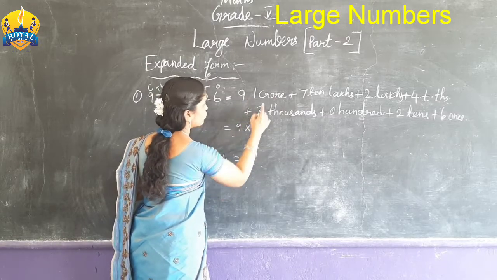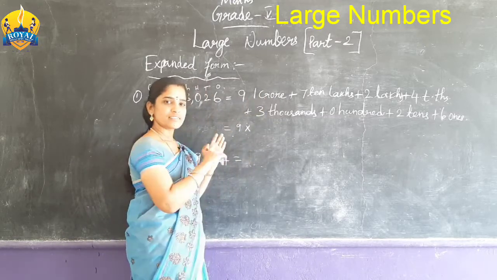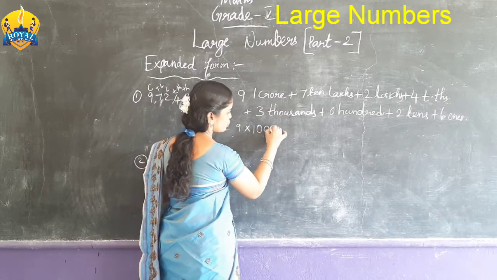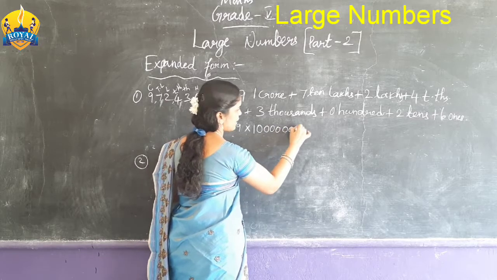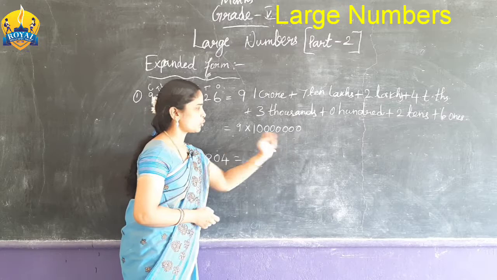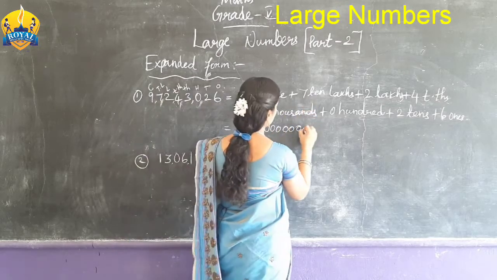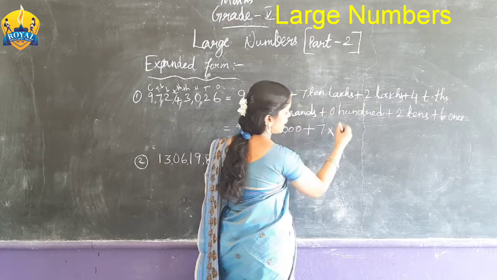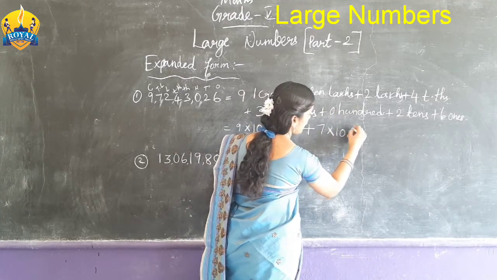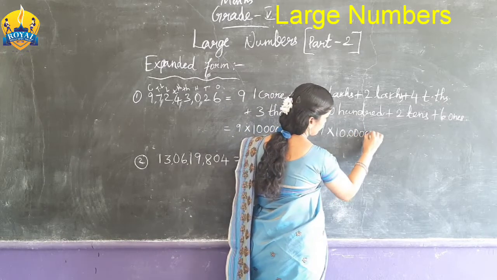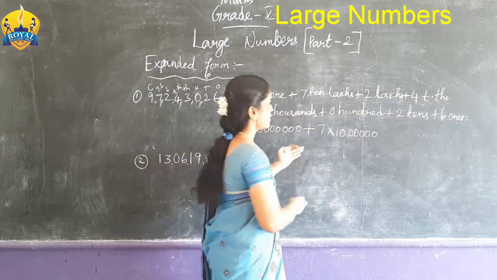So 9 into 1 crore means 7 zeros, we put 1 and put 7 zeros, 2, 4, 6, 7. Okay. 9 into 1 crore. The next one 7 10 lakhs. 7 into 10 lakhs means 10 and lakhs we have 5 zeros, add 2, 4 and 5. Right. Is it clear?